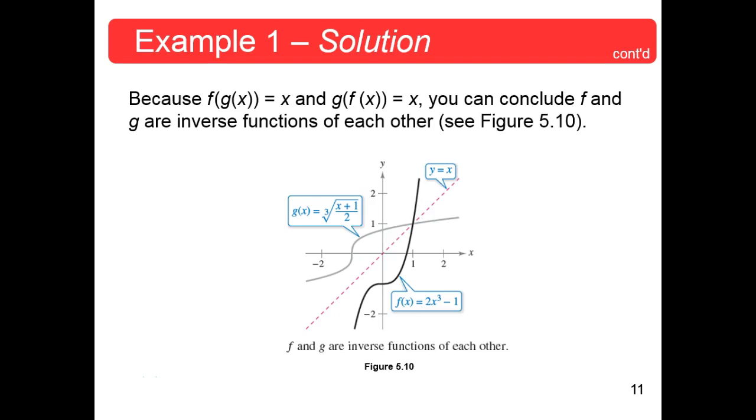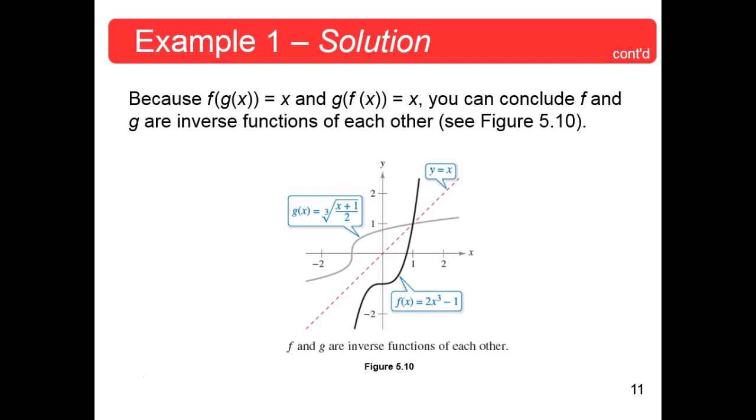Because these are indeed inverse functions of each other, here's a characteristic of inverse functions. If you were to graph them, this one is the cube root function that usually passes through the origin, but because it has 1 added to it, you move it to the left 1, and then you have a vertical stretch by 2.